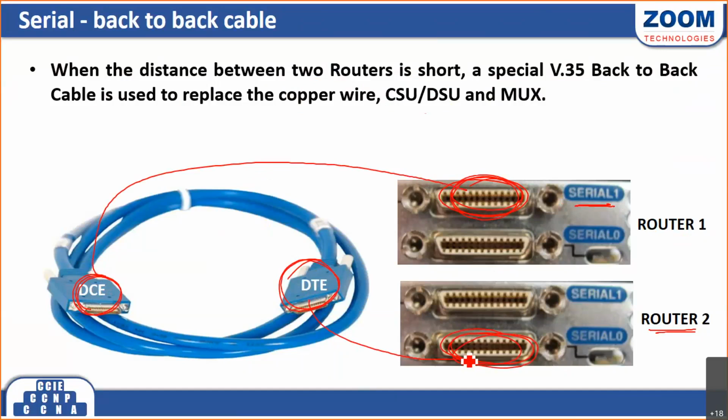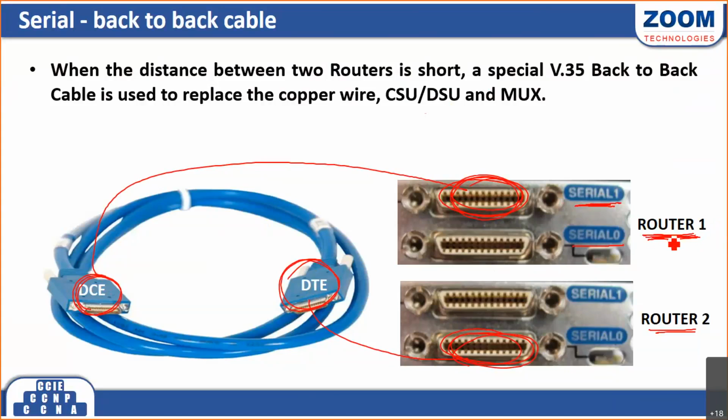90% is right, but 10%. Router 1 is a master, but the point is, how many serial ports are there in router 1? Serial 1 and serial 0, two serial ports. So can you say router 1 is the master?